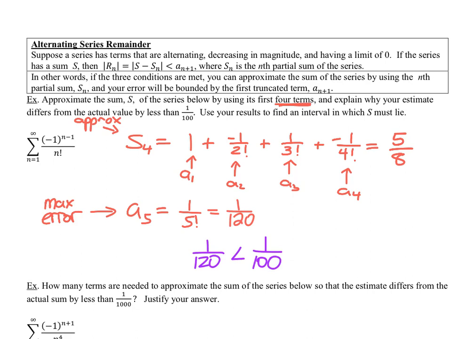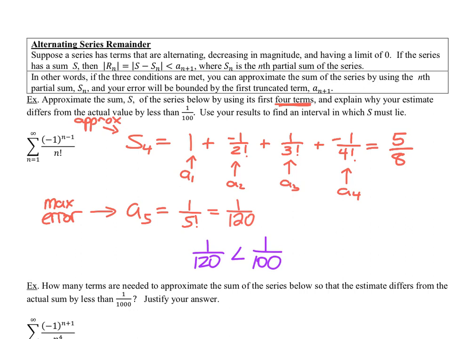Now, everything is based off of scale. If you're talking about atomic mass, and I tell you that it's off by 0.1 gram, that's probably not a good thing. But if I'm talking about the weight of a car and it's off by 0.1 gram, then that's great.